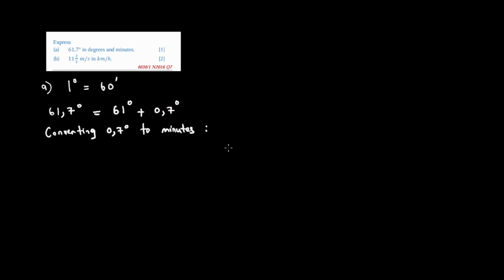Mapona. Saka panapa, you can go about two different methods. I want to present them both. Method 1 can be just logical, kana kuti intuitive. Kana 1 degree iri 60 minutes, 0.7 degrees inenge iri chi.